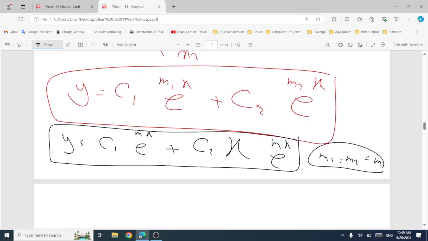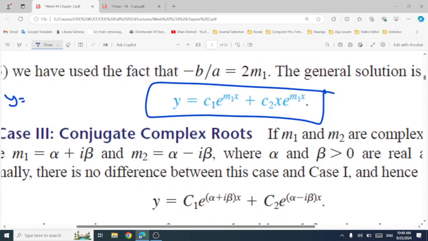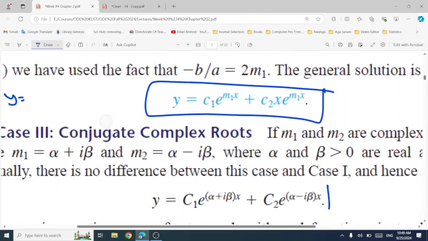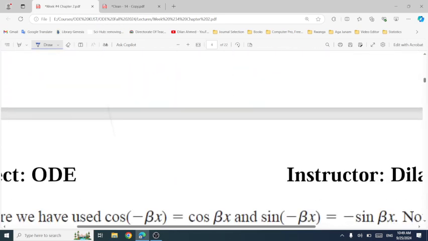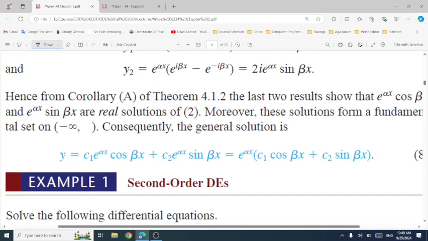They are equal. We have a duplicate. Of course, we will get the solution, and also put this one in the box. Put that one as well in the box.